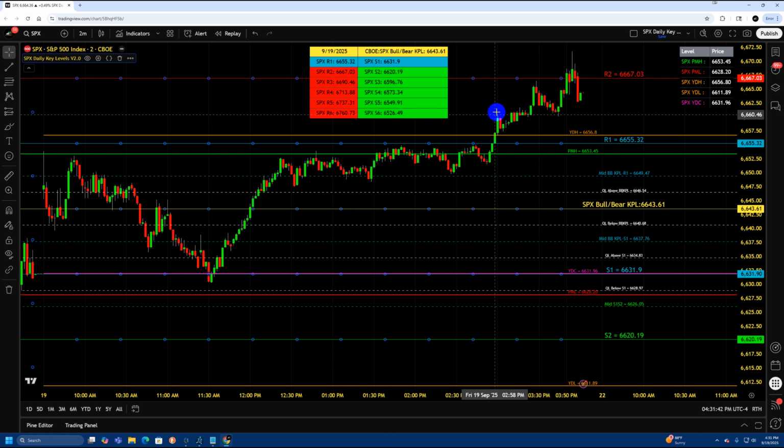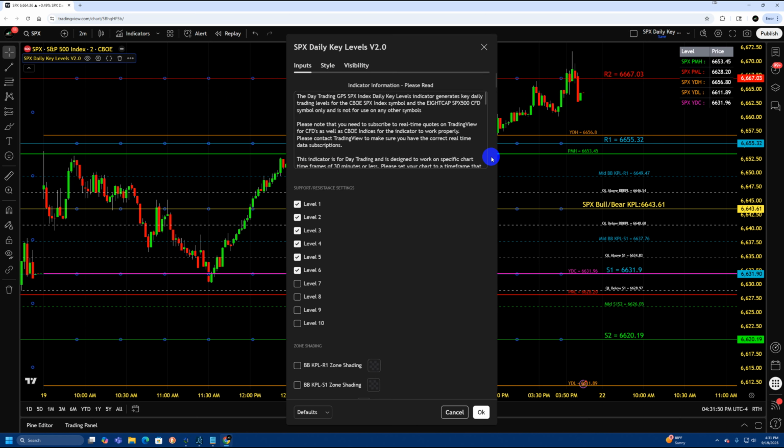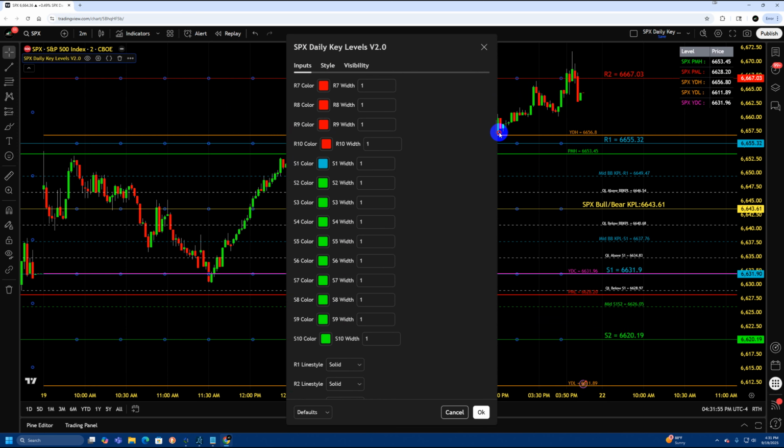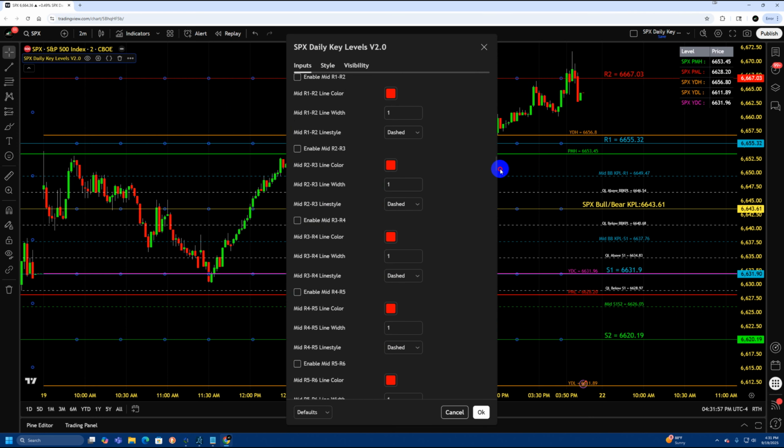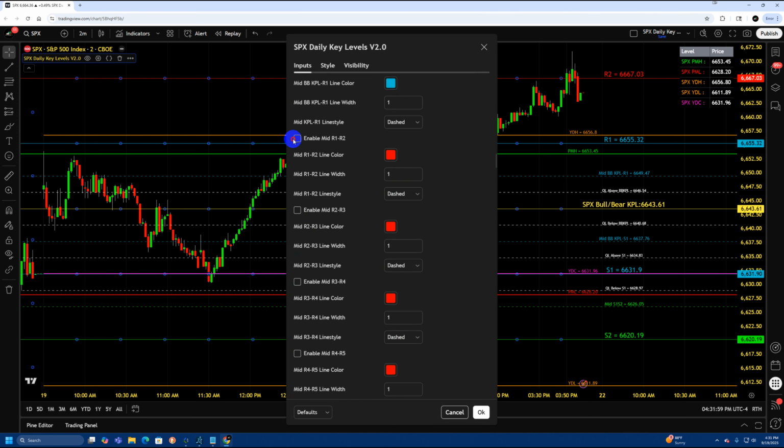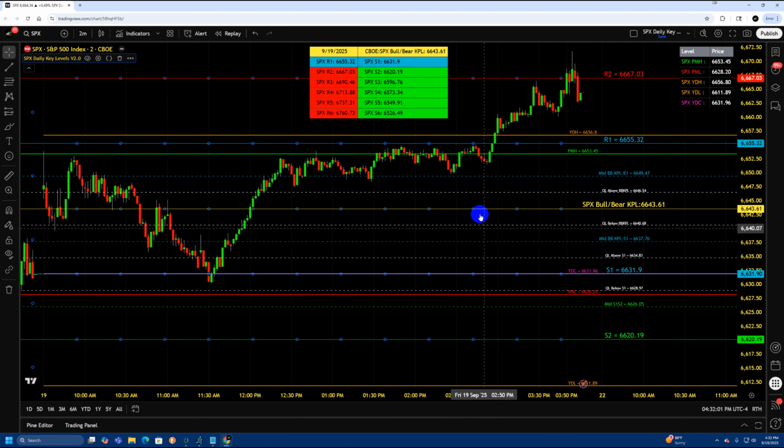The next level above would be your midpoint level here between R1 and R2. So we'll go ahead and turn that on, and now you have mid R1, R2.